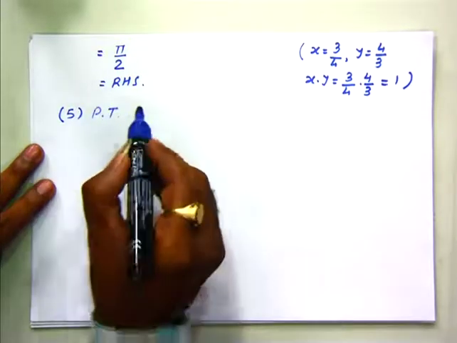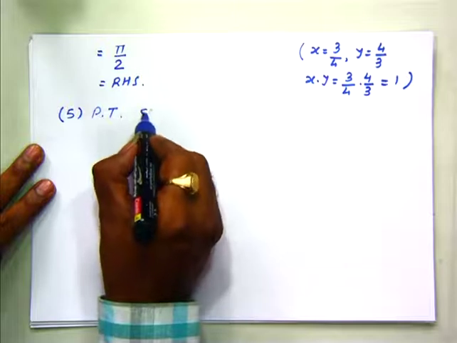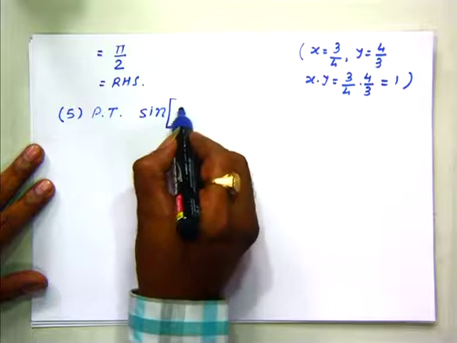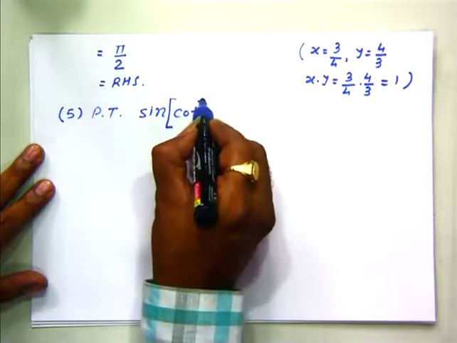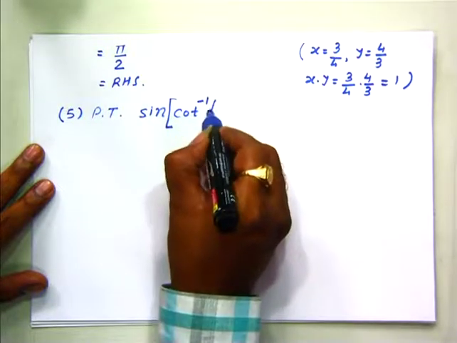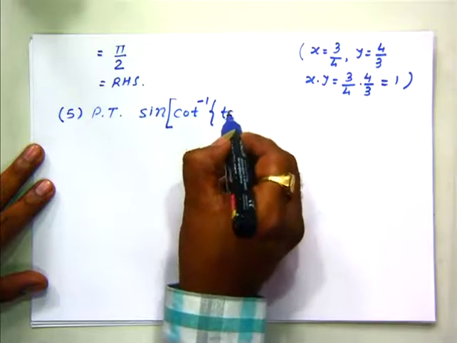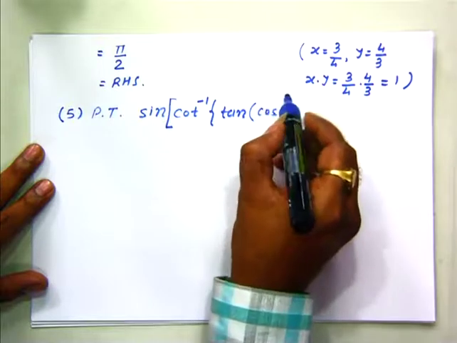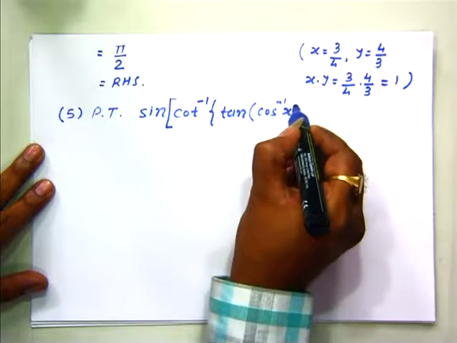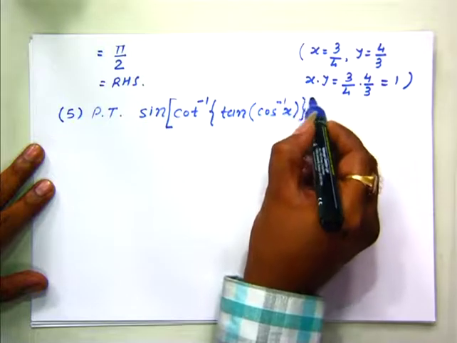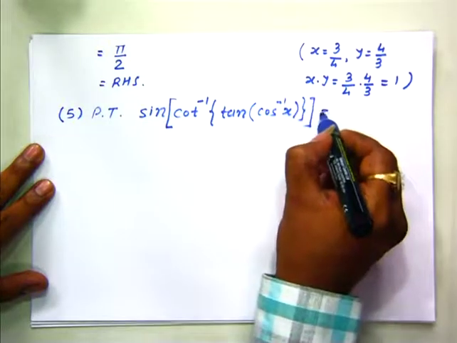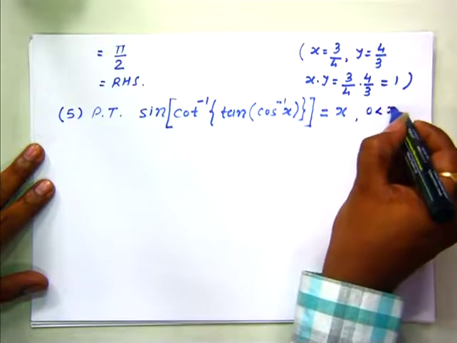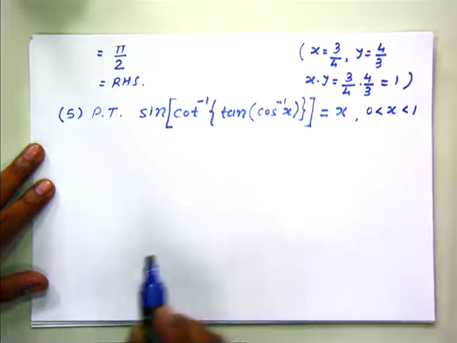Prove that sine of cot inverse of tan of cos inverse x equal to x, where 0 less than x less than 1.